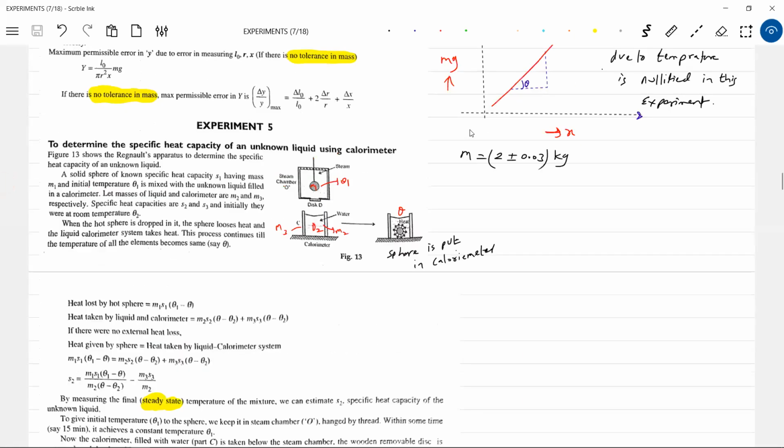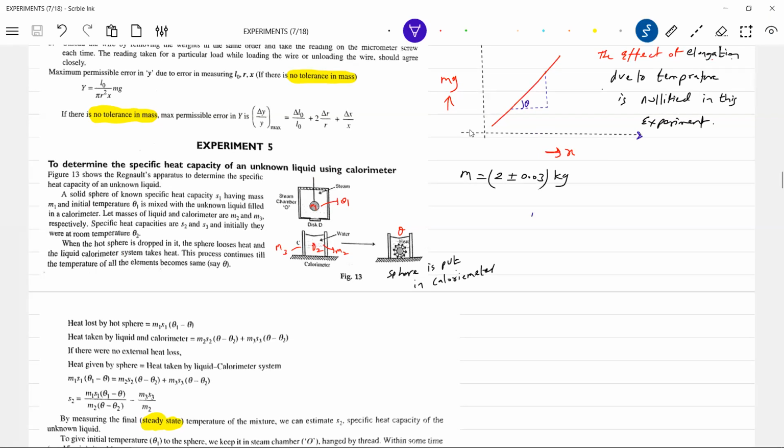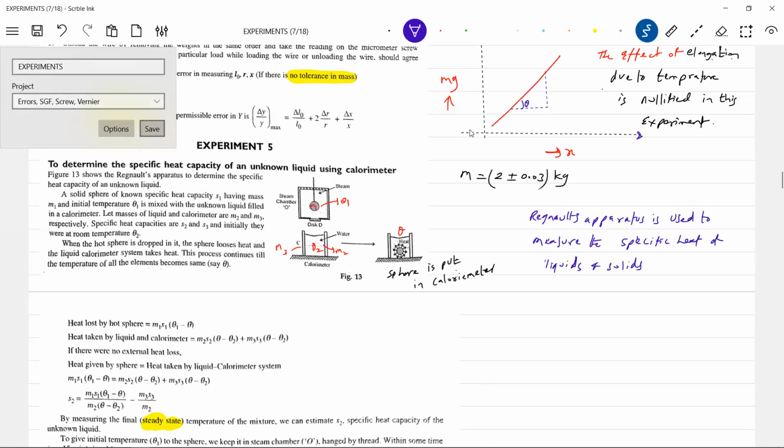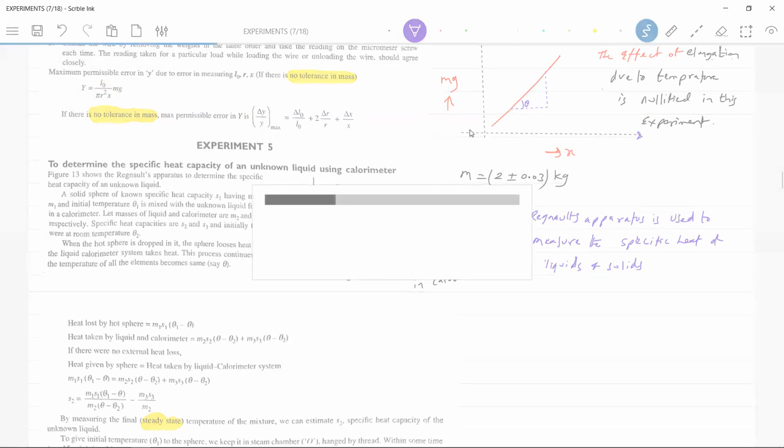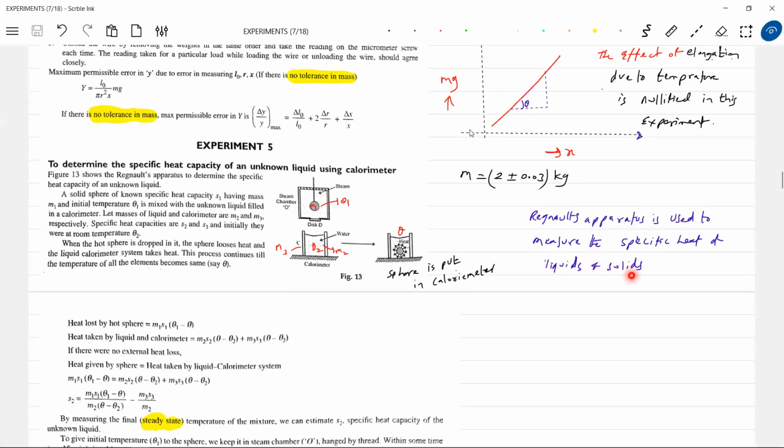So this experiment, the Regnault's apparatus, is used to measure the specific heat of liquids and solids.